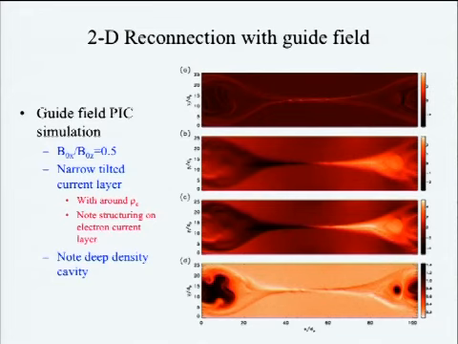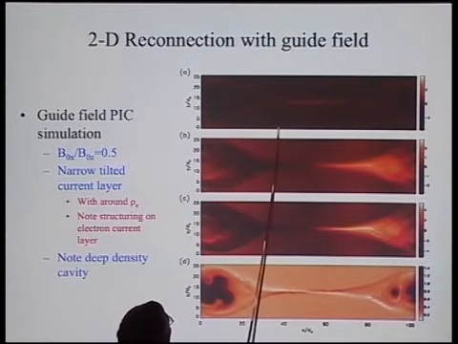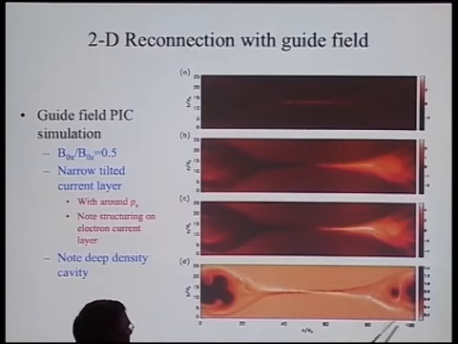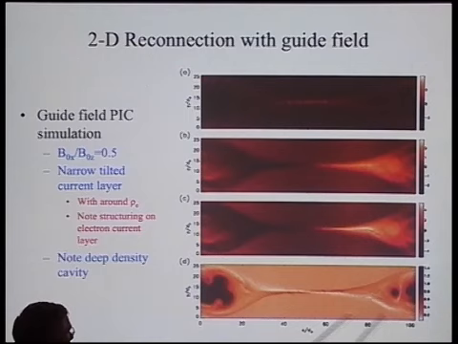Okay, so anyhow, this is just to remind you, if you do 2D guide field reconnection, sort of what you see, and I think this is similar to what Bill showed. Here's the out-of-plane current, and here's the classical tilted current layer. This is a modest size simulation, in units of d_p, the proton skin depth.